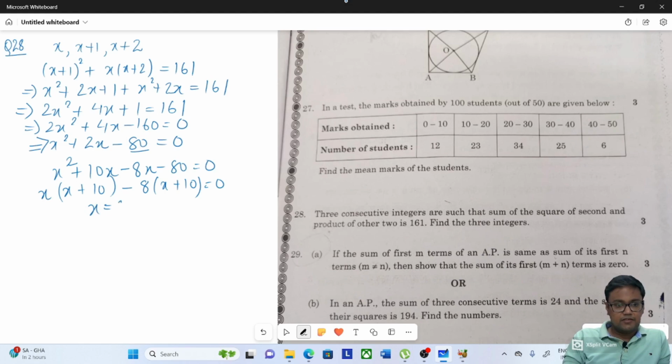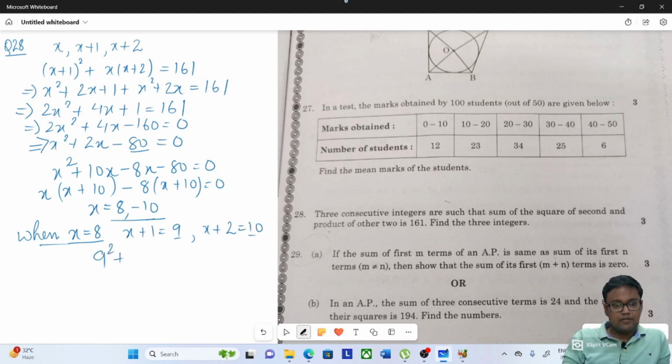So x is either 8 or minus 10. There are two values. So when x is 8, case number 1, children, then x plus 1 is 9 and x plus 2 is 10. You can verify that square of 9 plus 8 into 10 is 161.